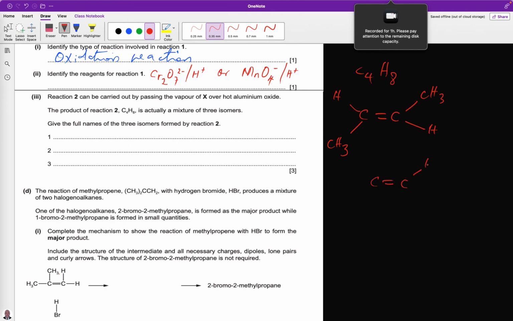This other one, we can have another structure like this. In that case, we have CH3 and CH3.